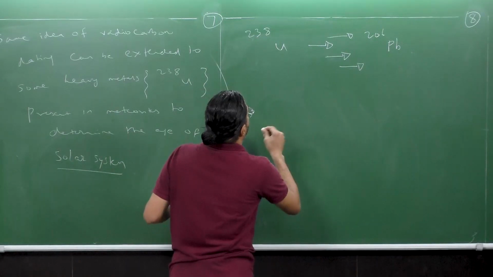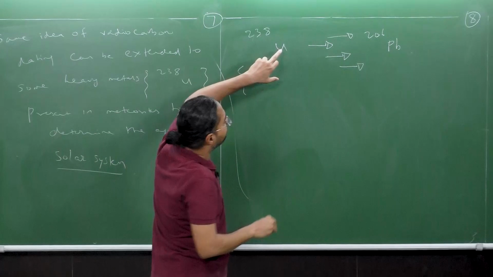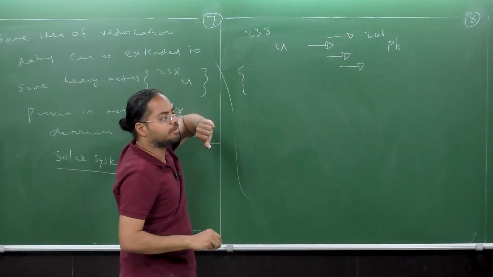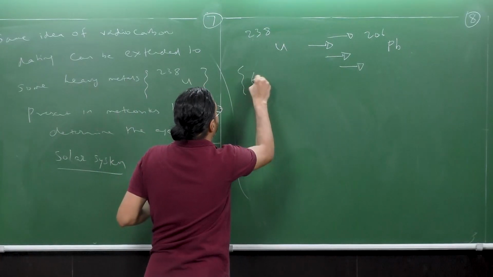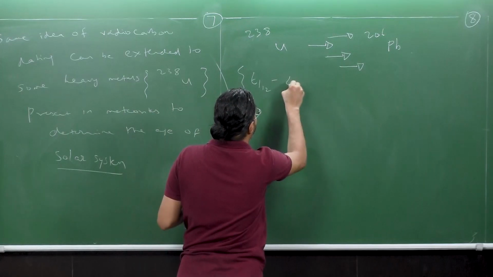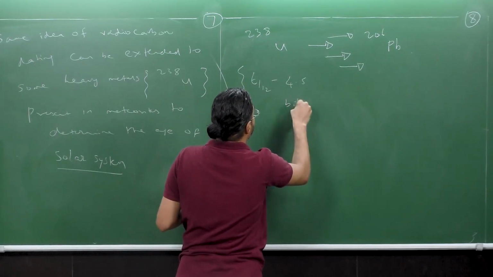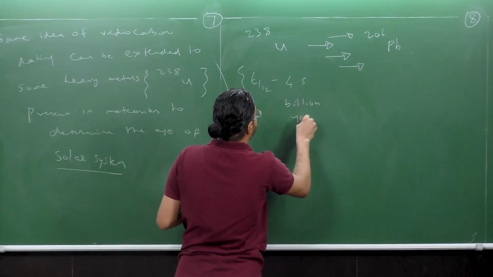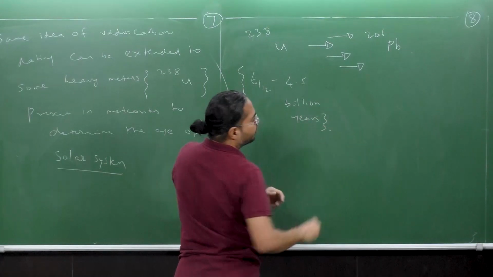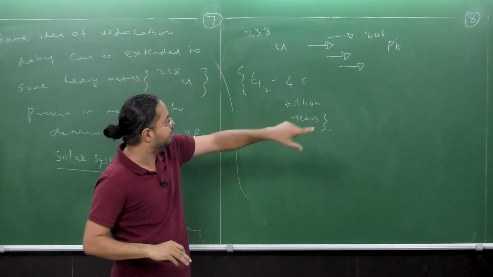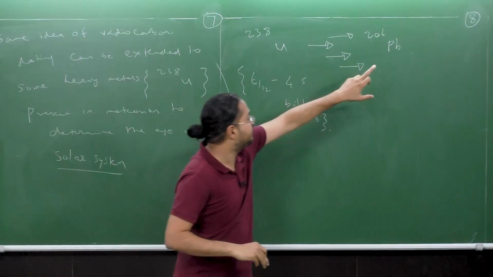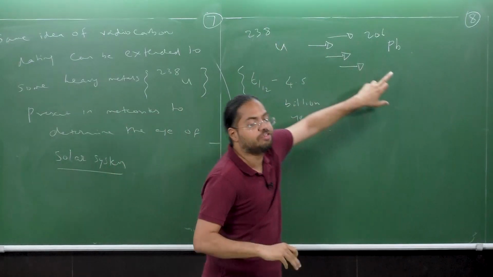Okay, so this is an unstable nucleus which has a half-life of close to 4.5 billion years, which is of the order of 4.5 times 10 to the power 9 years. And this is stable in the sense that its half-life is much more.